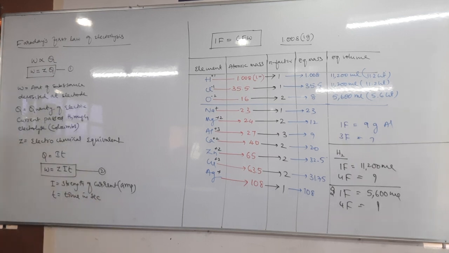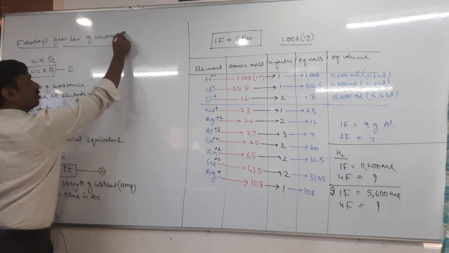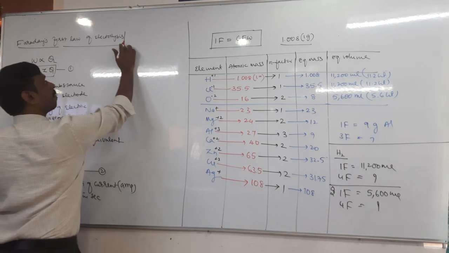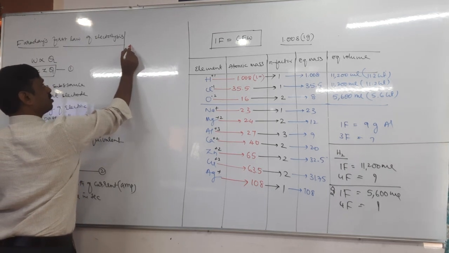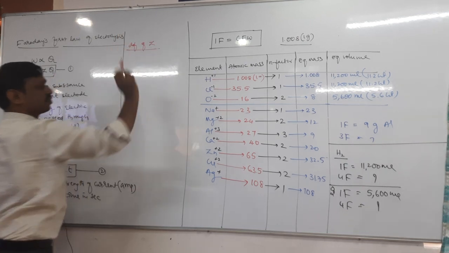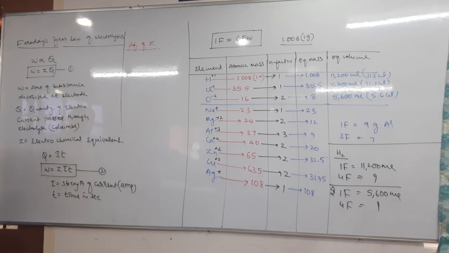Next, what is the definition of Z and its unit? There was a question asked on Z in CET. Next is the definition of Z, or how to define Z.